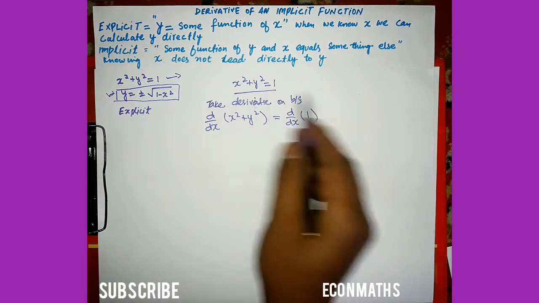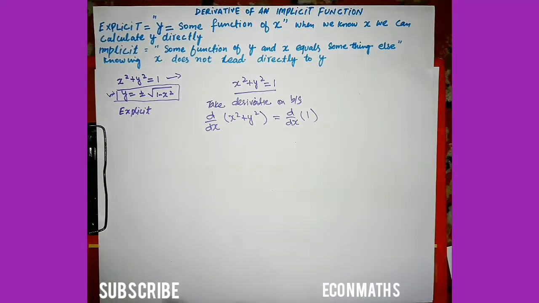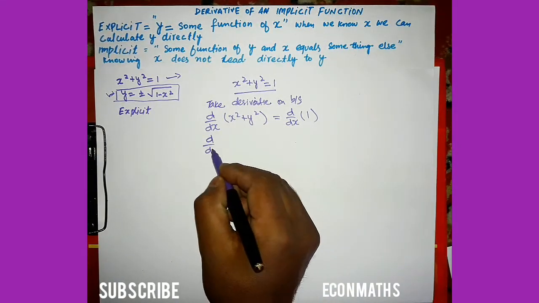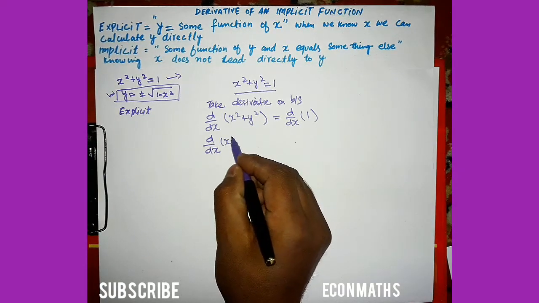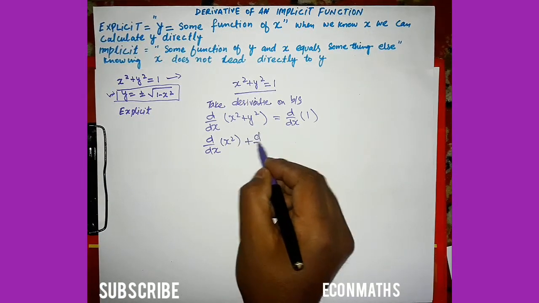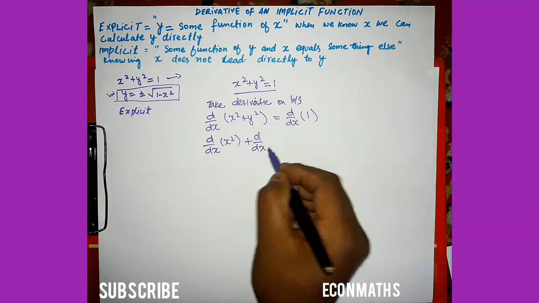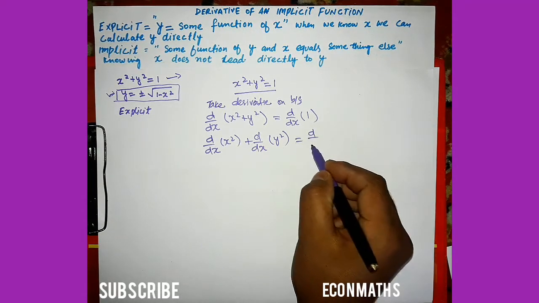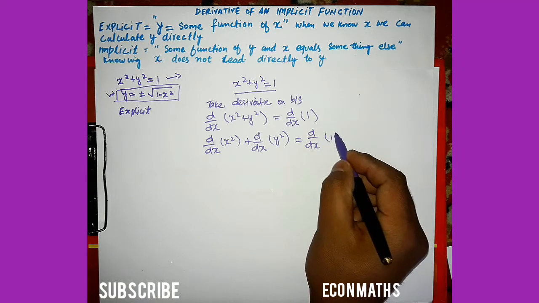So we can write d by dx of x square plus d by dx of y square is equal to d by dx of 1.